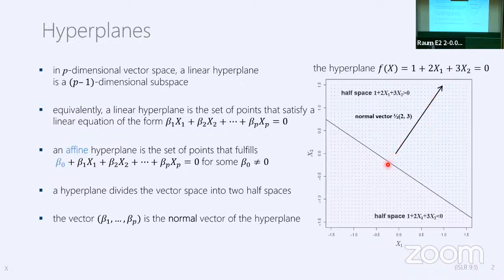Or in 2D, the vector that has a 90-degree angle with this line. Often we care more about the unit normal vector, because the direction is the only thing that determines where the hyperplane is and how it divides the space. We get it by simply normalizing the vector by its norm.